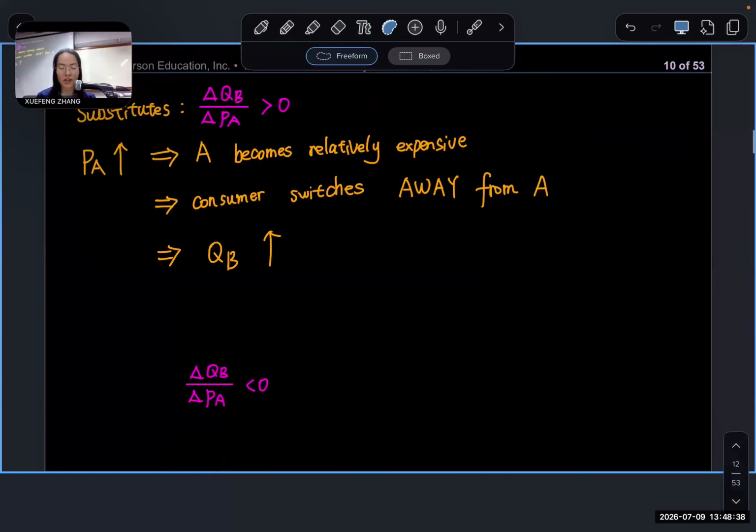This is substitutes. So if the price of Coke increases, what happens to your quantity demanded for Pepsi? If the price of Coke increases, you're going to buy less of Coke, and then you're going to buy more of Pepsi. Right?